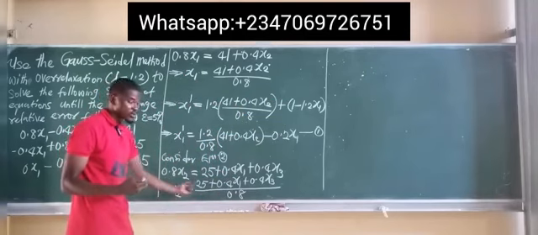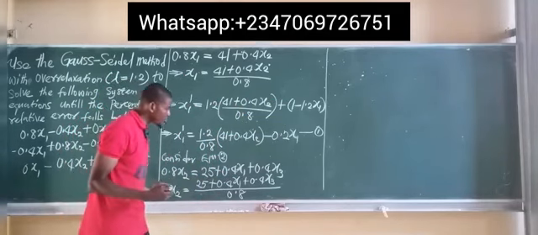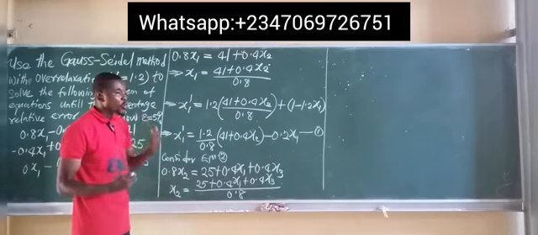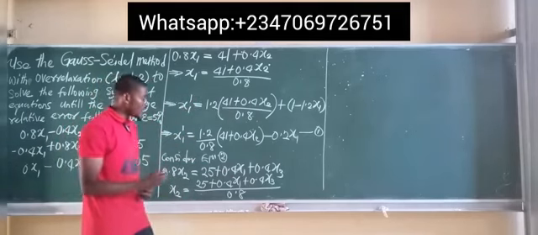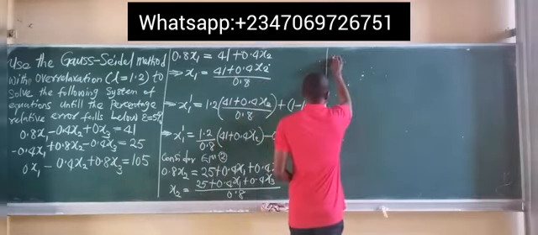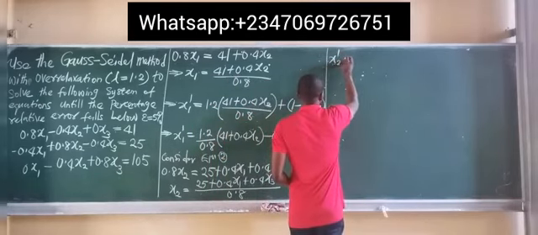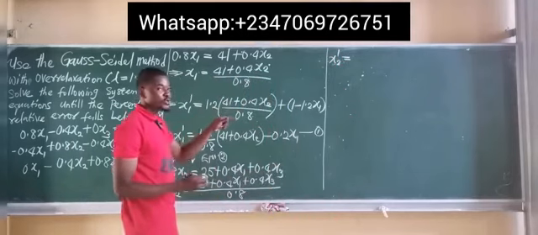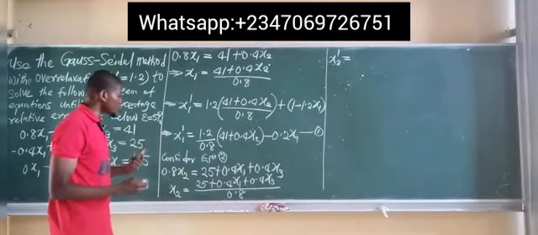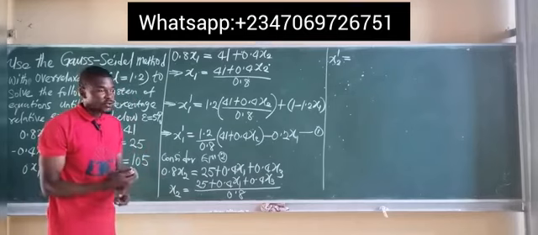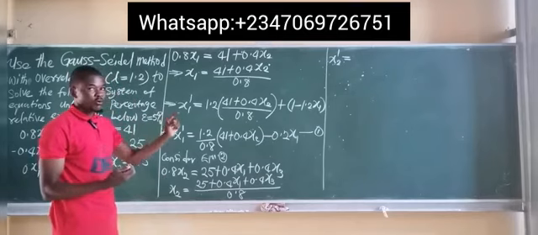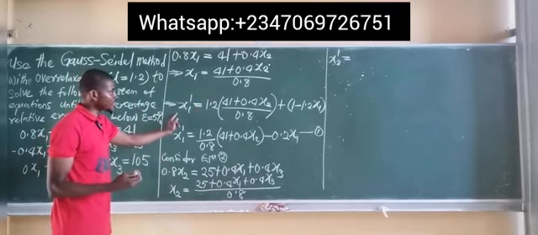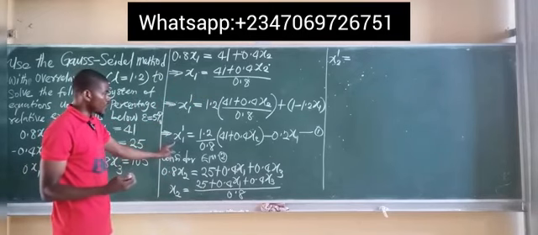The system of equation which we get when we attach that overrelaxation becomes what we are going to iterate. So we call that x2 prime equal to, the prime tells you that this is the particular equation which we are actually going to iterate, or solve using the Gauss-Seidel approach. This is simply iteration. That's the equation we are going to iterate, just like this is the equation we are going to iterate for x1.